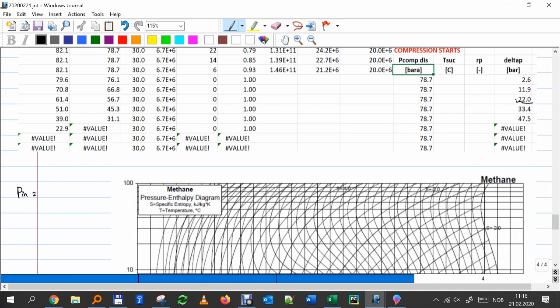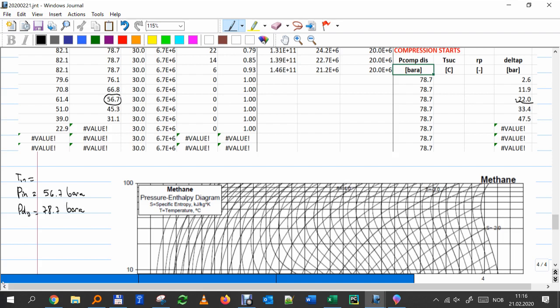It should be this one, right? 56.7 bar. And what is the P discharge? 78 is constant, 78.7 bar. And we need the inlet temperature. What is the inlet temperature?